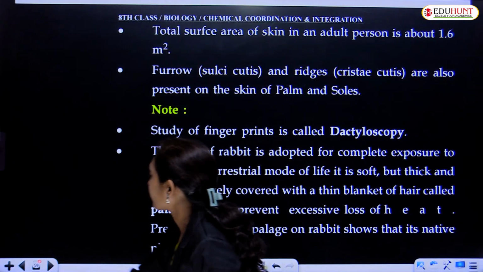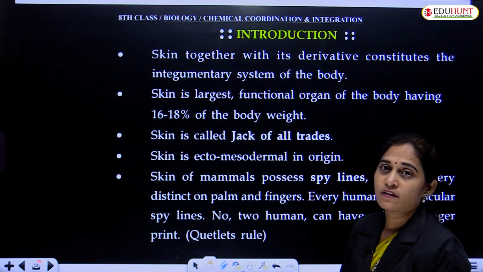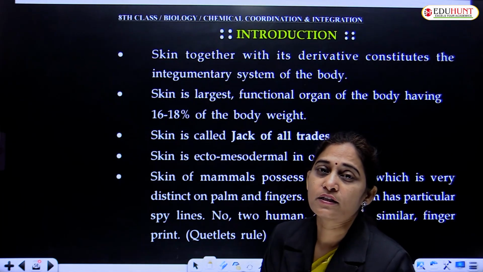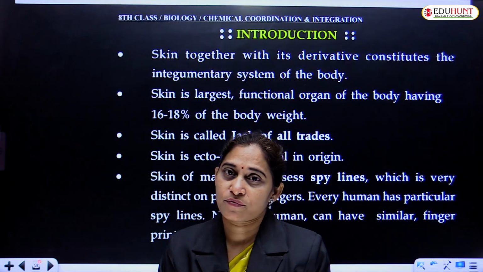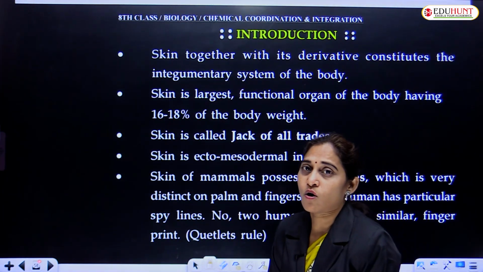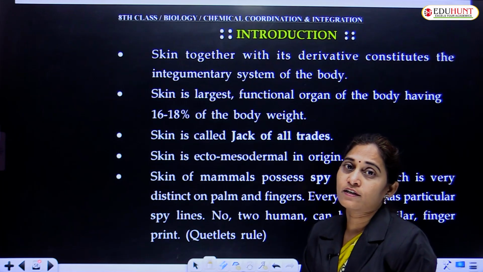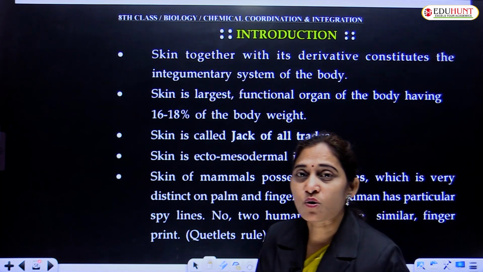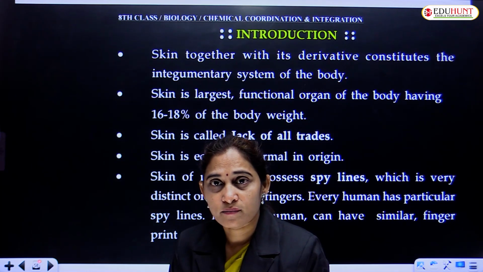Now, the actual part of the exoskeleton is called the integumentary system. The integumentary system consists of the outer layer, the skin, which is ectomesodermal in origin.